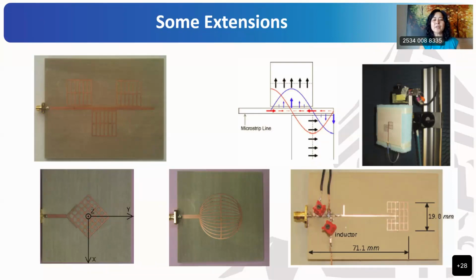That's a square, so that's another geometry, right? So it gives us multiple ways that we can do it. And then the round one is a meshed antenna, and it suppresses higher harmonics. Therefore, when we integrate that with a power amplifier, it allows us to improve the power added efficiency. So many applications that we can take from meshing a patch antenna. All right, let's move to the next page.